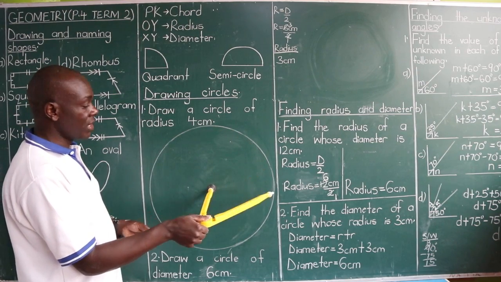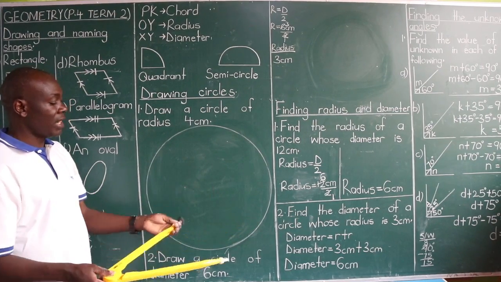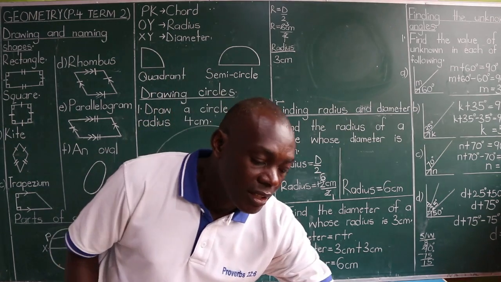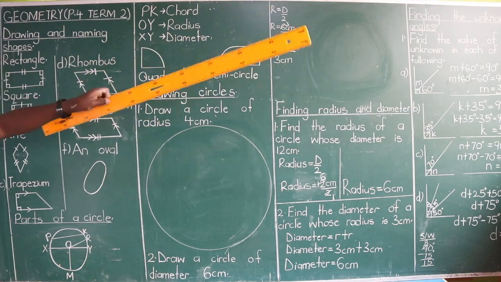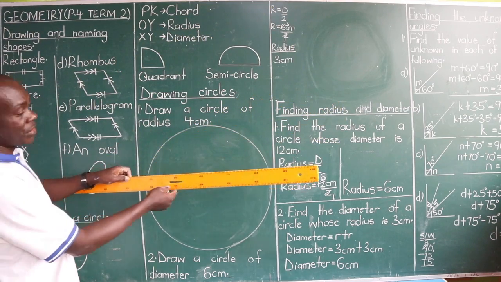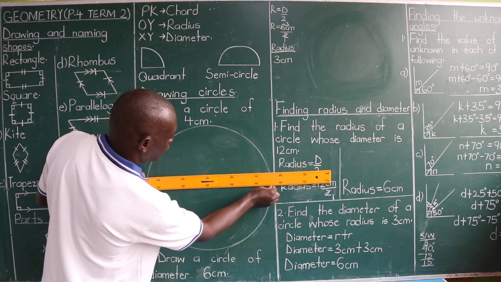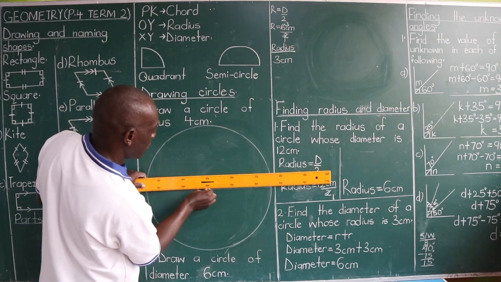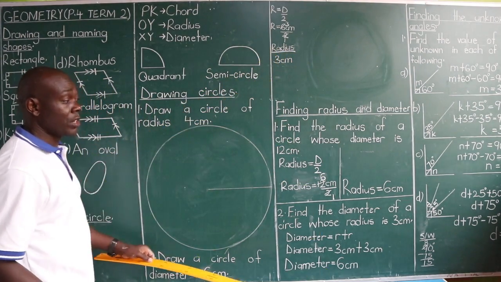Having measured our 4 centimeters, we remove the pointer of the pair of compasses. Get a ruler. Don't use wrong tools. This is what's called a ruler. Ensure you use the one you have in your geometry set. Then join from the wall of the circle, the circumference, to the middle. So that's what's called the radius.